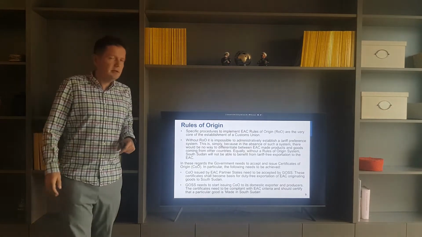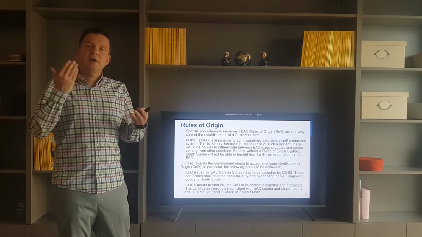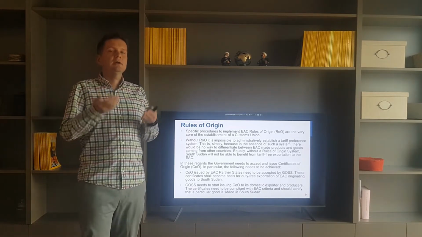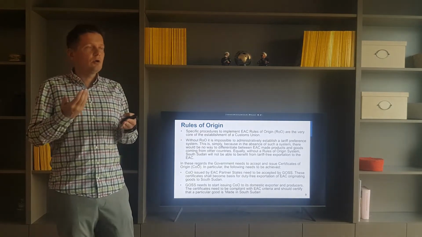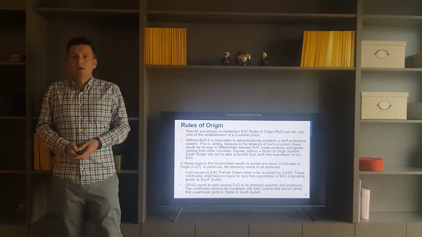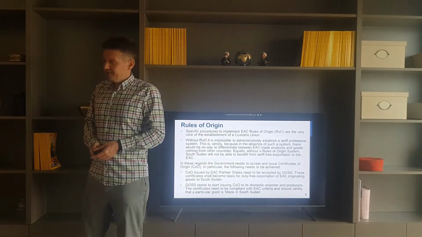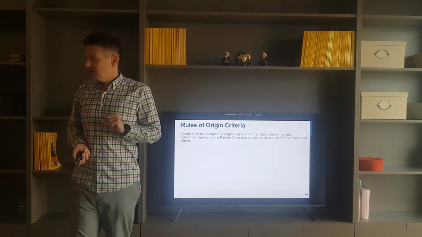Basically, the Chamber of Commerce, based on certain criteria, determines whether a good is made fully in South Sudan or only partially, and is maybe not applicable for trade preferences. Now, what are these criteria? This is the key issue here. Isn't it the key issue?